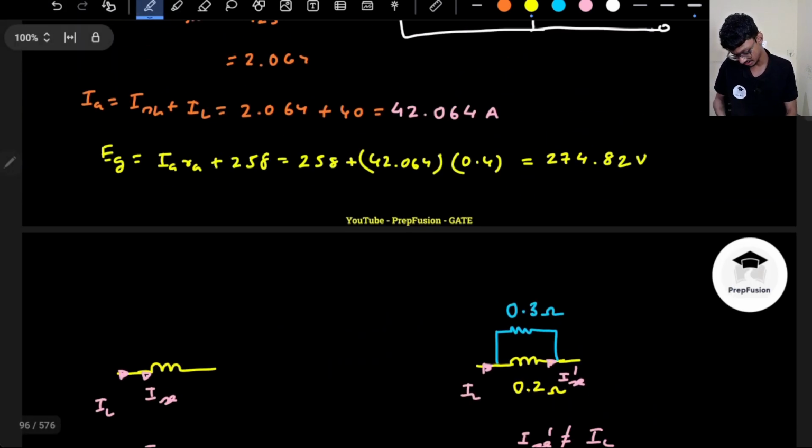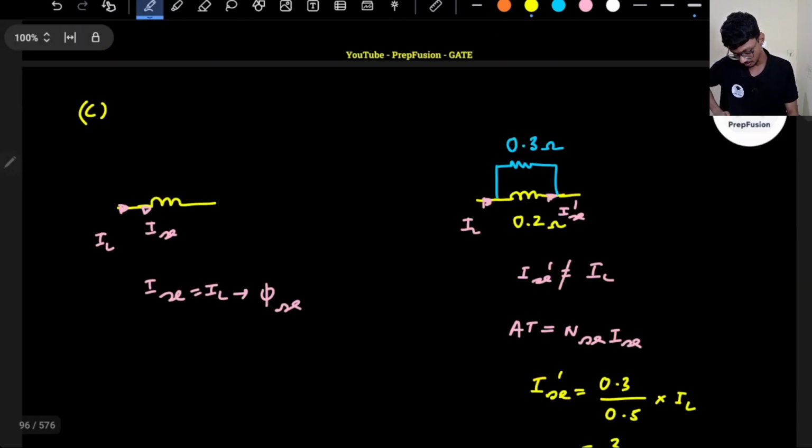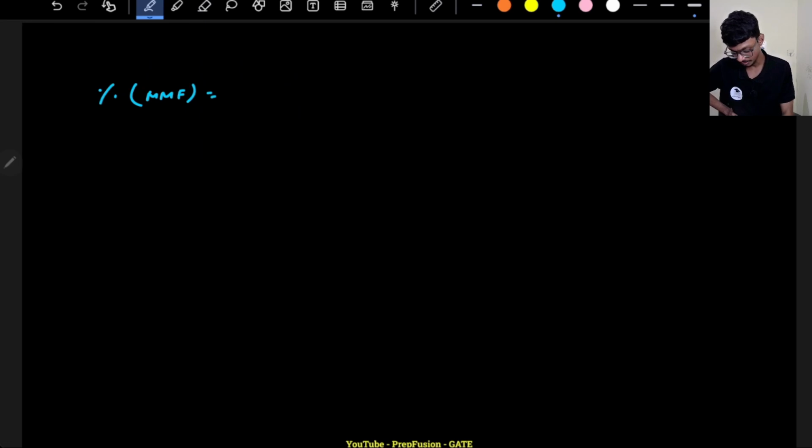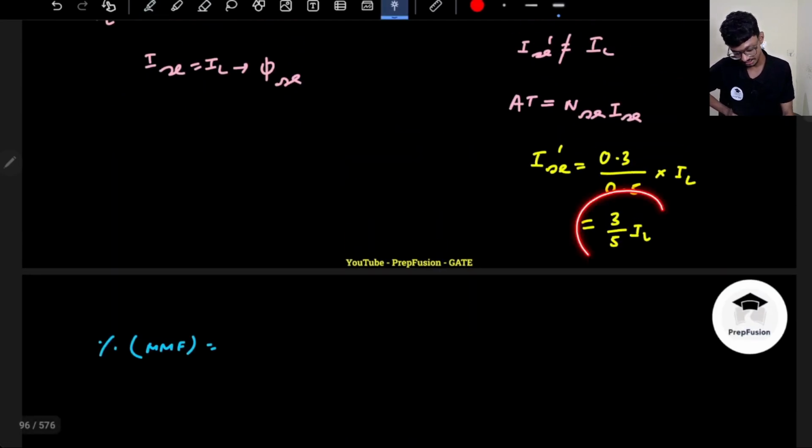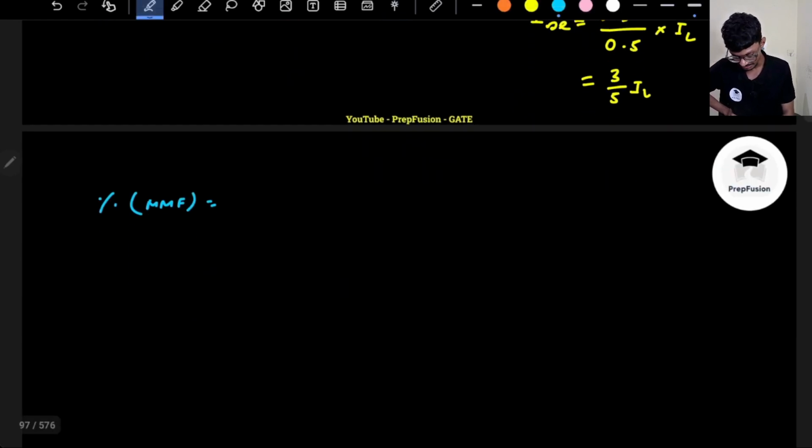So what is the percentage change in the MMF? So this is part C. I am solving part C. These kinds of questions can also come, right? So percentage change in MMF will be equal to the final MMF, that is, the current has changed, right? 3 by 5 IL. Previously what was the series current? IL. So now it is 3 by 5 IL. Previously the current was IL, and I will compare with respect to IL only.